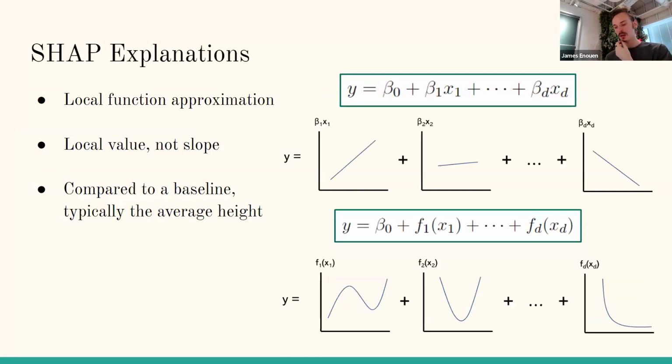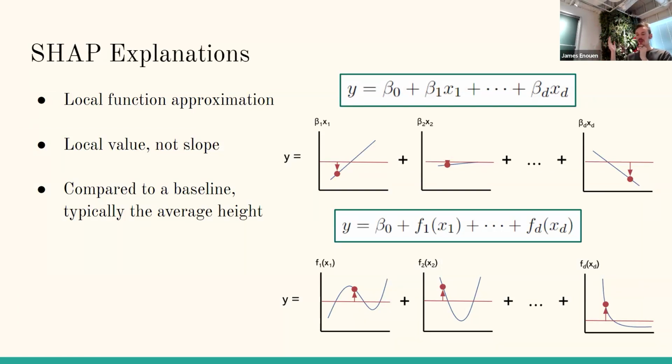So if we go back to our picture of a linear model versus an additive model, with SHAP we plug in our particular data, then we compare it to a baseline, probably 0, and we take the difference between what would normally be predicted at 0 versus what is currently being predicted. The Shapley value essentially just returns you the height of these different functions.